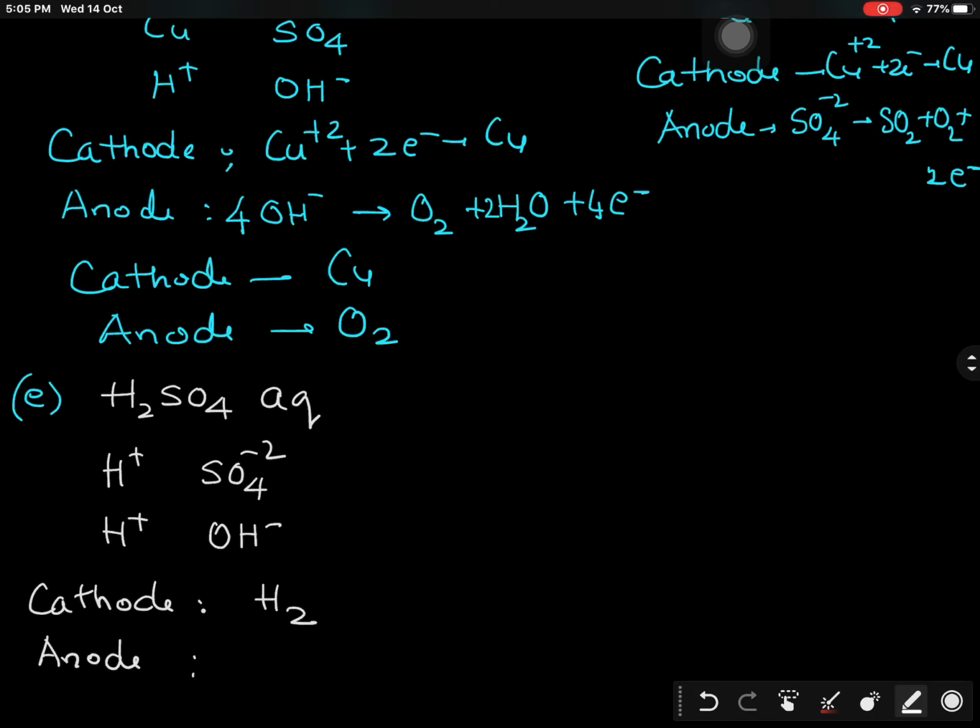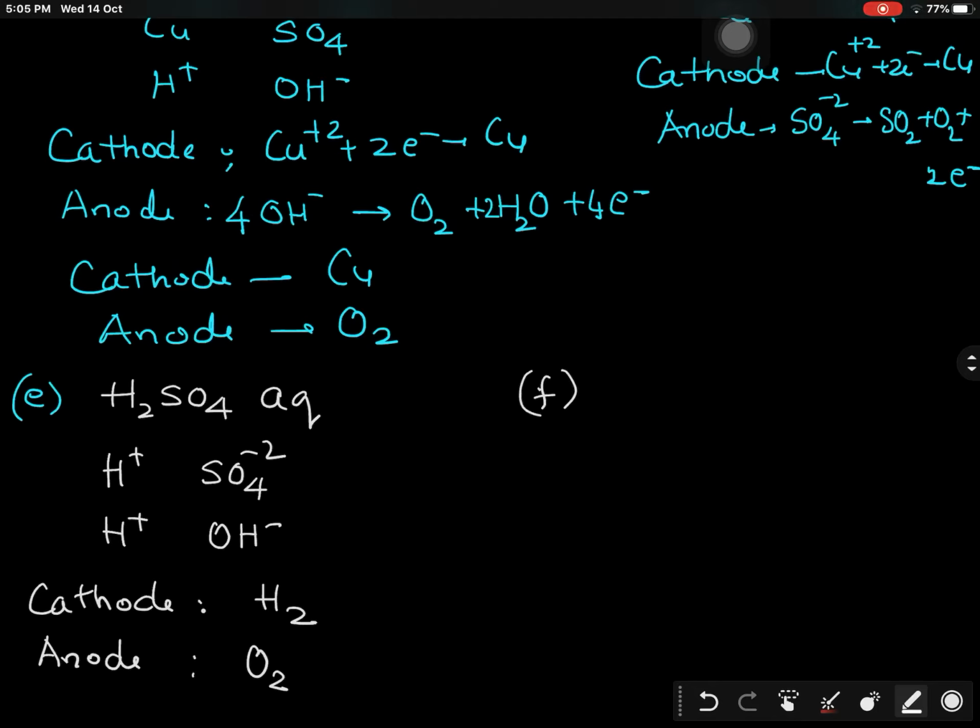And at anode, who will go? Out of SO4 minus 2 and OH minus, OH minus is a smaller group, therefore that will go at anode first and will oxidize to give what? O2. So, aqueous H2SO4 will give H2 and O2. So, it looks like water is undergoing electrolysis, correct?